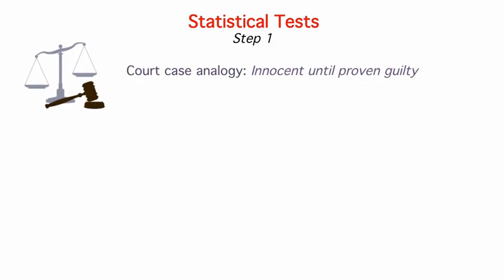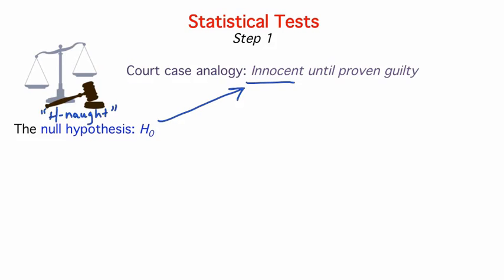Many legal systems around the world are based on the presumption of innocence, often referred to as innocent until proven guilty. We presume that our starting point is that anyone charged with a crime is innocent, and the burden of proof is on the prosecution to prove otherwise. In statistics, the presumption of innocence corresponds to what we call the null hypothesis, written as H subscript 0 and typically said H naught, where naught here is nothing or zero.